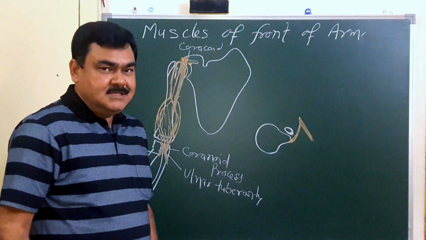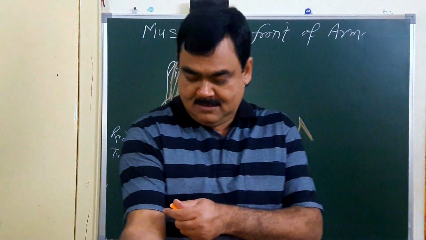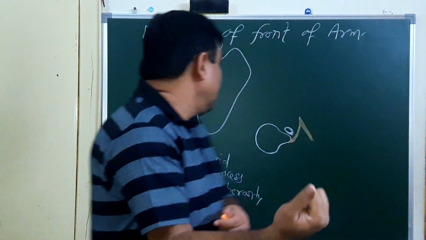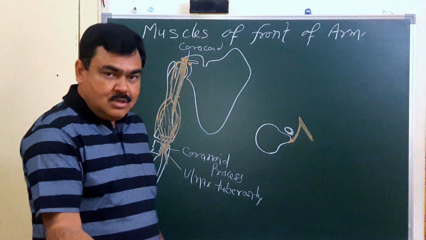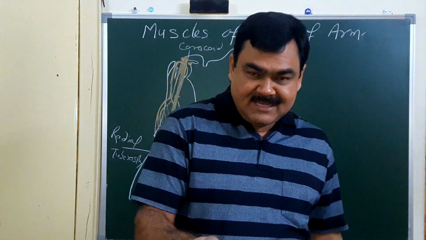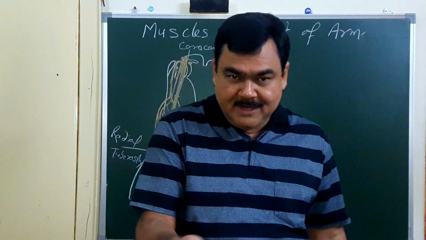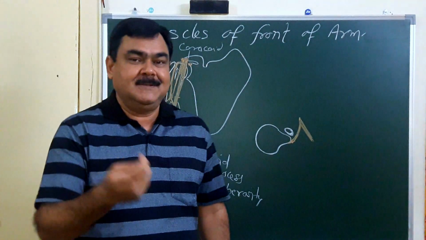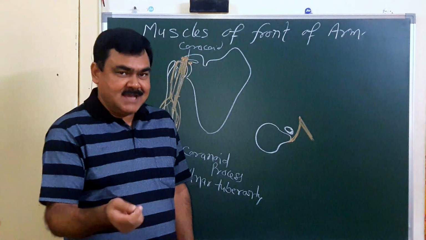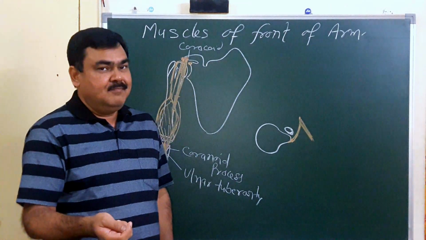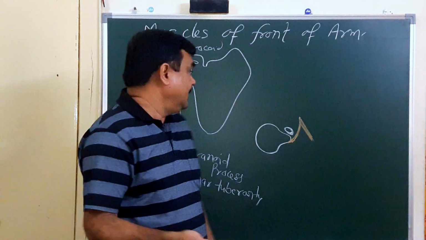Its action is flexion at the elbow joint, and also supination. In flexed position, it is a powerful supinator. So its action is flexion and powerful supination.